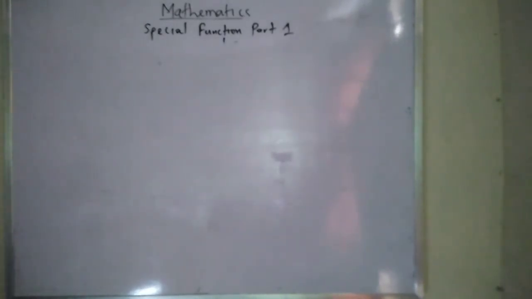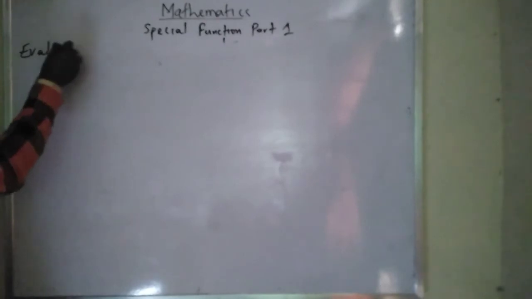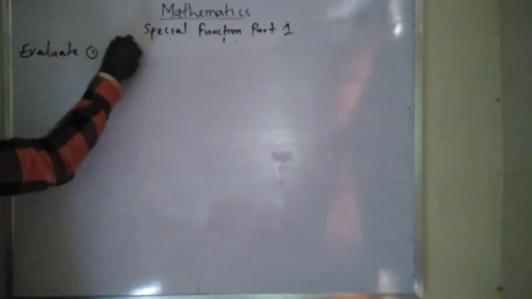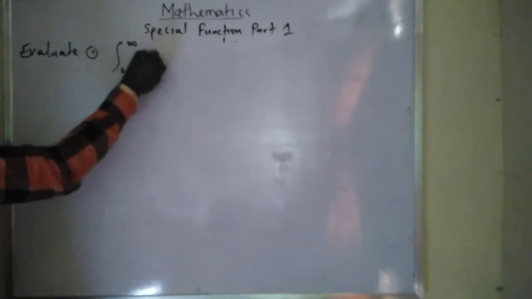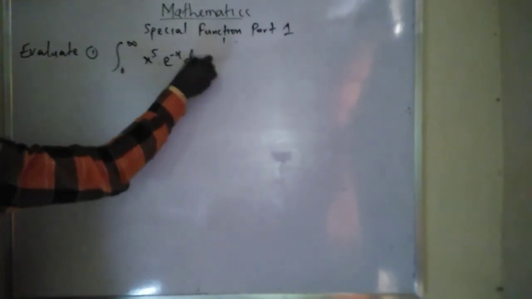Now, I have these particular functions to work on. Evaluate: 1, the integral from 0 to infinity of x to the power 5, e to the power minus x dx.